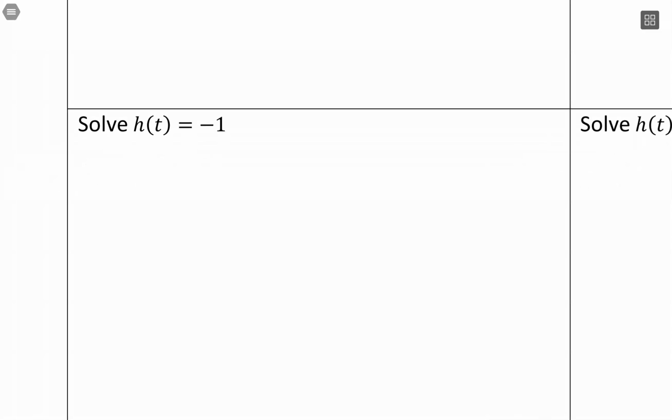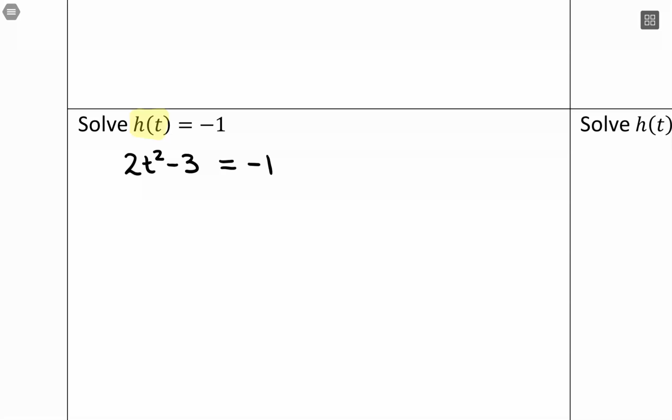Alright, solving. So here we have an output for our function. So what I can do is, they want me to plug in h of t right there, which we know is the equivalent of 2t squared minus 3. And we want to see that equal -1. So this turns into a quadratic equation that we're going to solve.